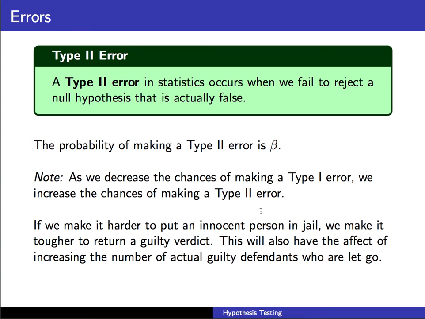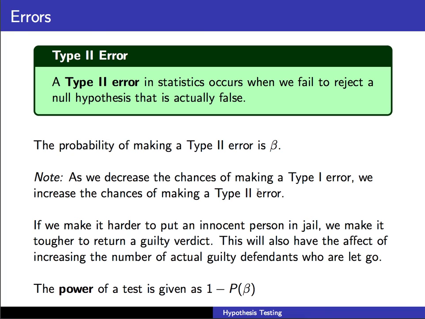So it's going to increase the number of actually guilty defendants who are let go. So as you increase a type 1 error, you decrease a type 2 error, and vice versa. If you decrease a type 1 error, you increase a type 2 error.